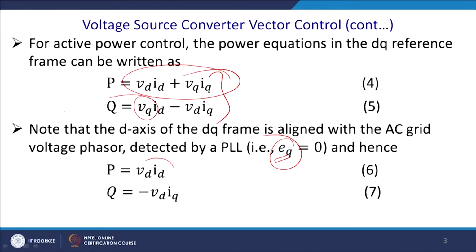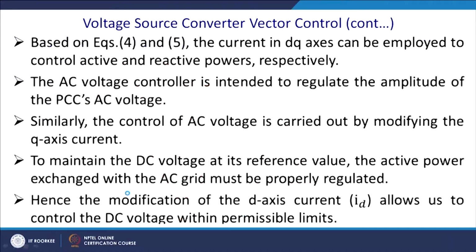Your real power will be VD into ID, and the reactive power will be minus VD into IQ. Based on this assumption, that is unity power factor operation, please mind that otherwise EQ will be present in the terms of P and Q. And based on equations 4 and 5, the currents in the D axis and Q axis can be employed to control the active and the reactive power respectively.